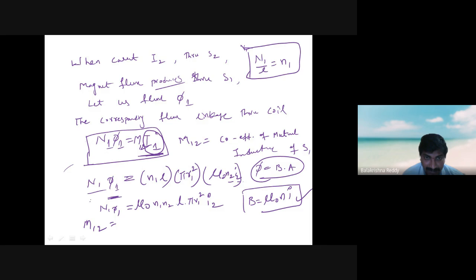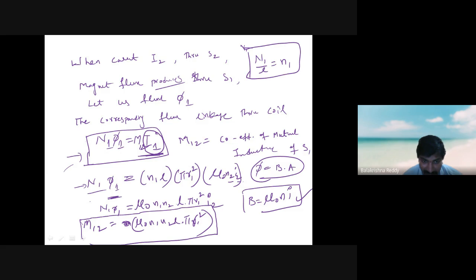That equals, when I compare this equation with this equation, M12 equals mu naught N1 N2 into pi r1 square divided by L. There is current here and current there too, so dimensionally I am not taking the current. So the coefficient of mutual induction of coil 1 with respect to coil 2 has this value.